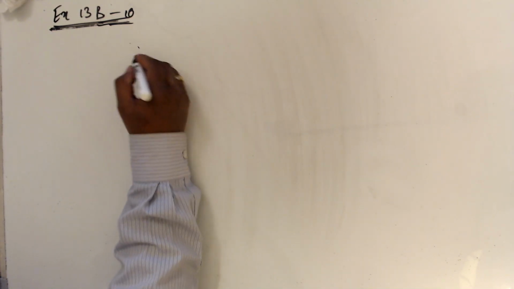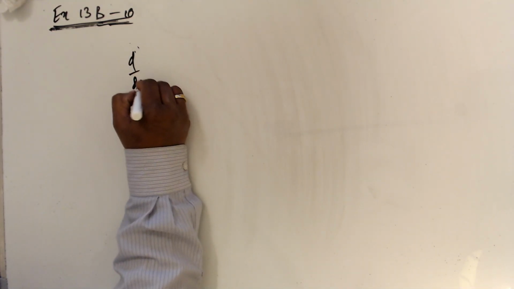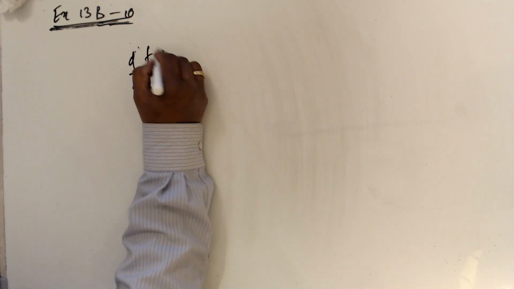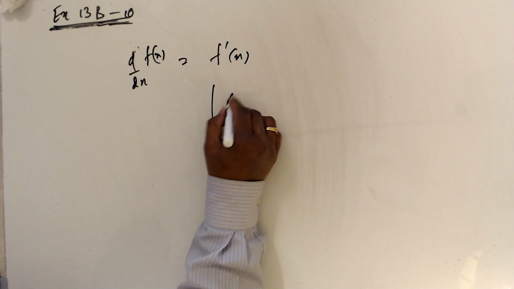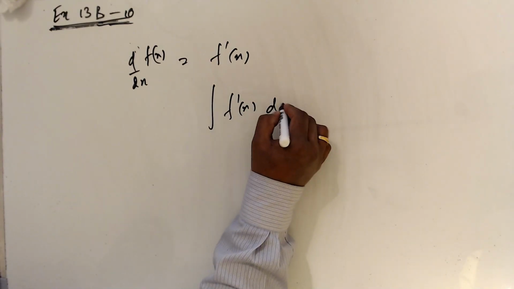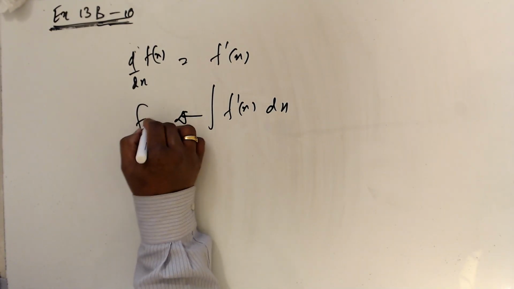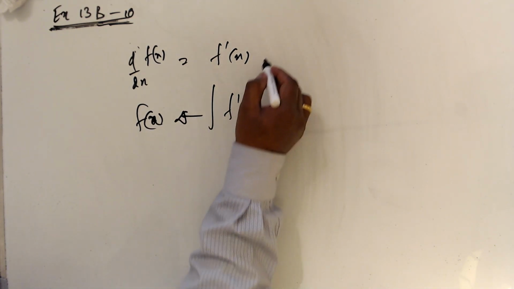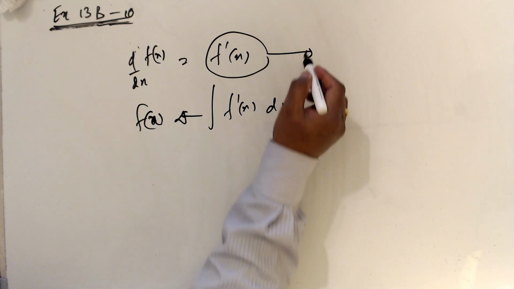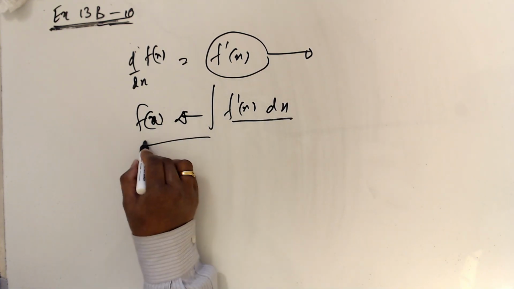Question number 10. We know that if we differentiate f(x), we can get f dash x. Then if we integrate f dash x, we will get f(x). Now in this sum they will give f dash x, and we integrate that one, we will get the function.